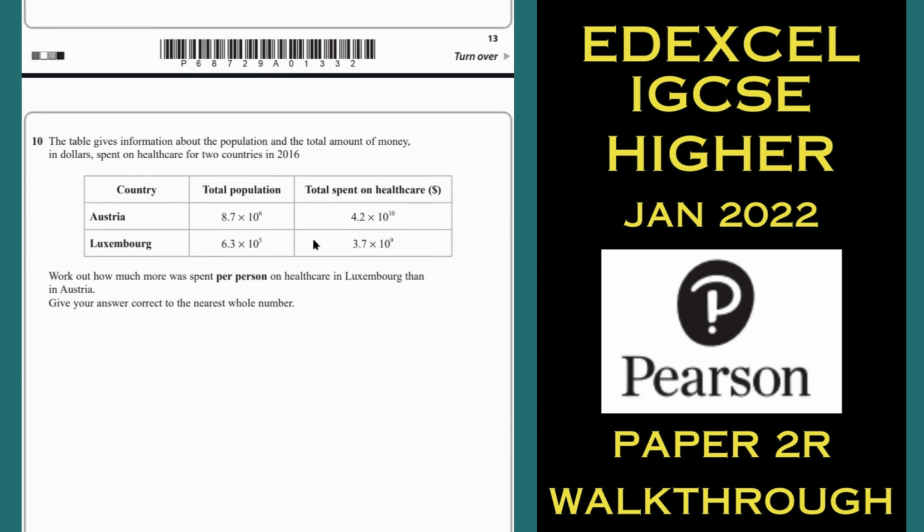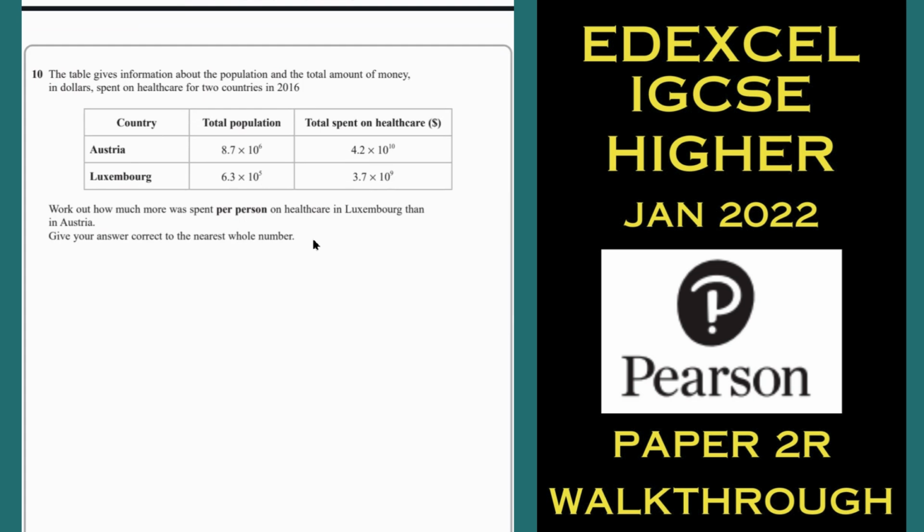Number 10. It's a posh standard form question. Now to find out per person, you're going to need to divide by the number of people there are. So you need to press Austria total spent divided by number of people.